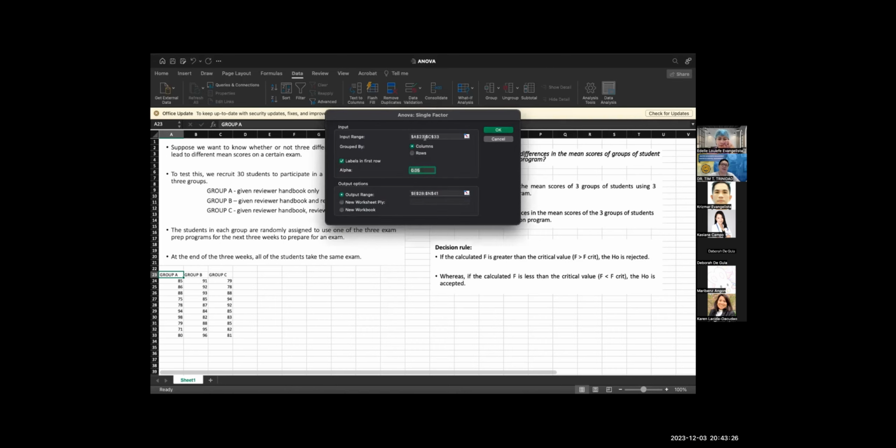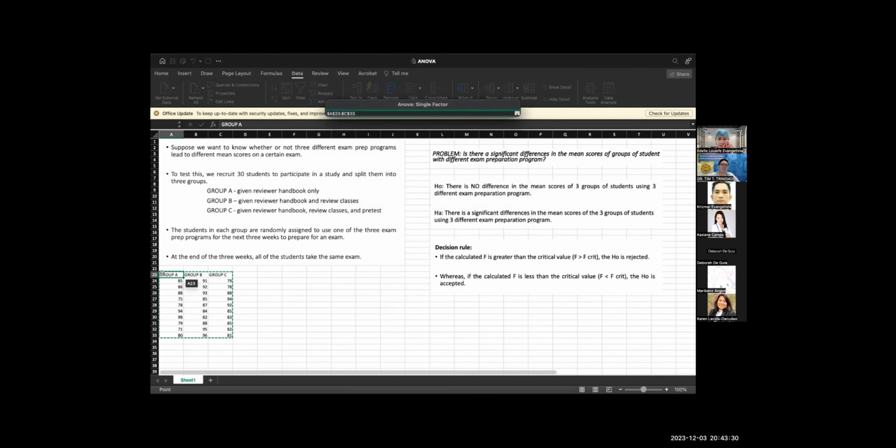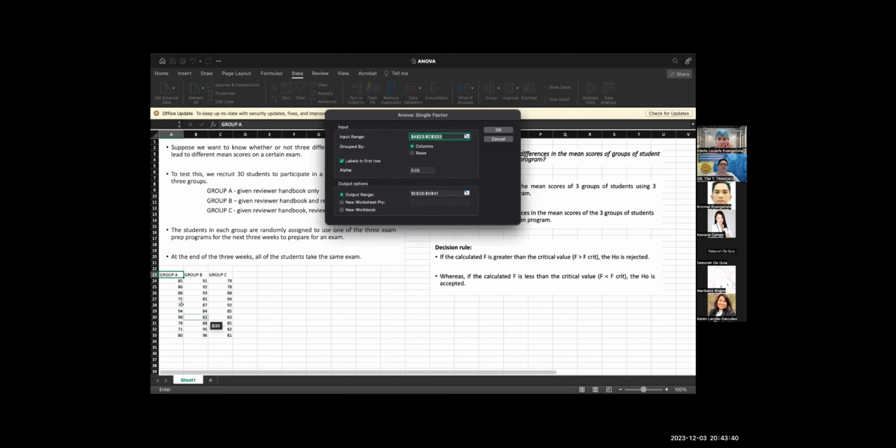So as to input range, all you have to do is you do like this and shade all the data you input and press enter. And then since my first row is labeled, you have to check this label. If you start here, then it's okay. But I also include that. Oh, sorry, mali na yan. Ayan.